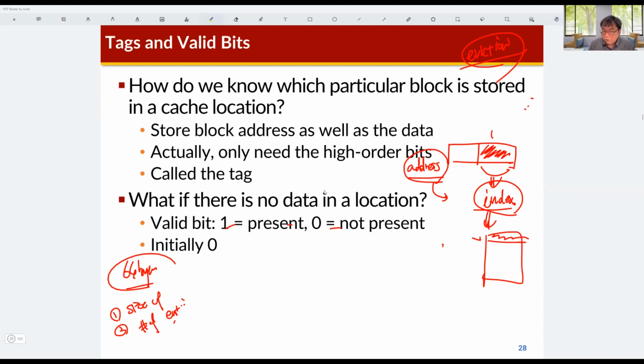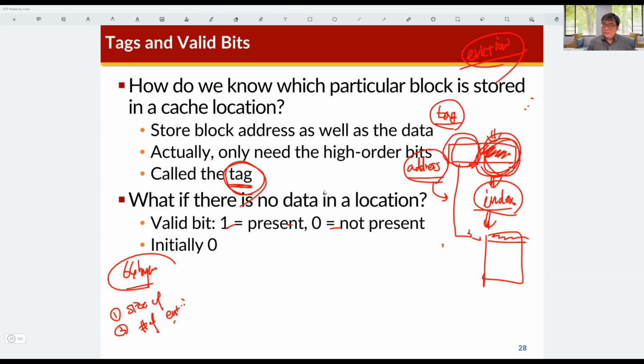So we don't need to store this part. We already know it, but we don't know this upper part. So the cache just stores the upper part of the address of data, and this upper part of the address is called tag.